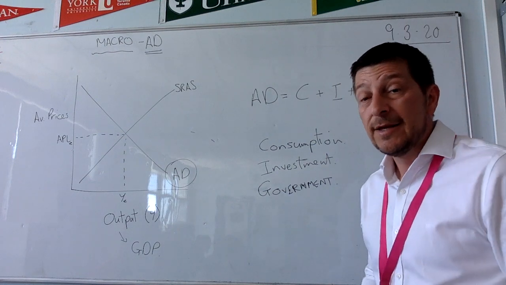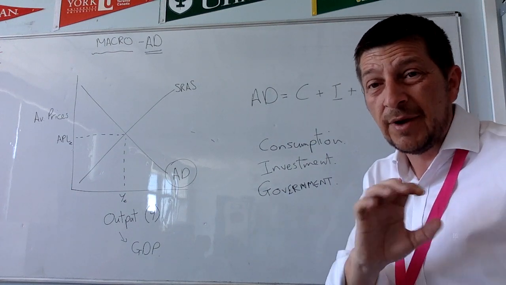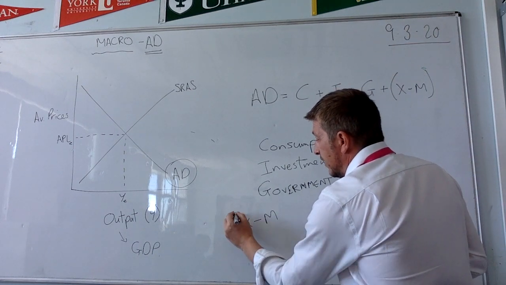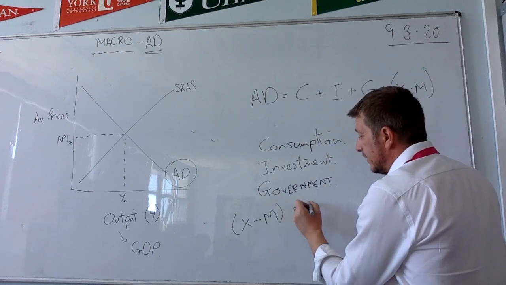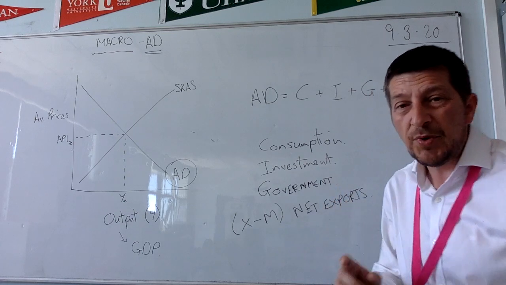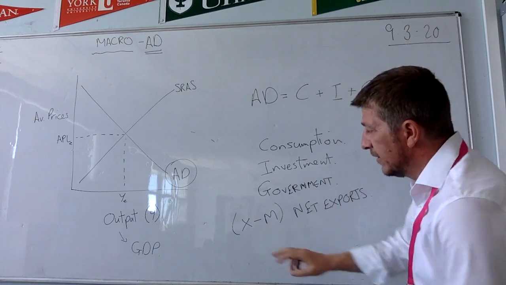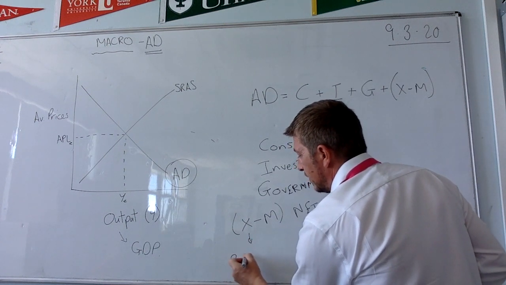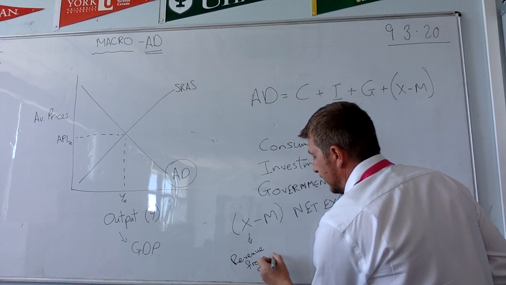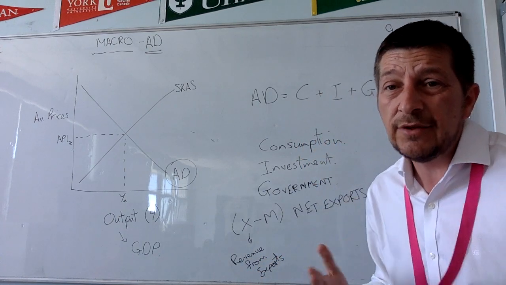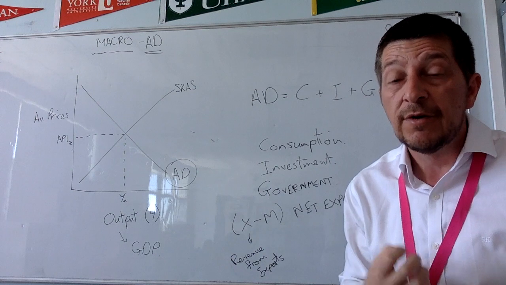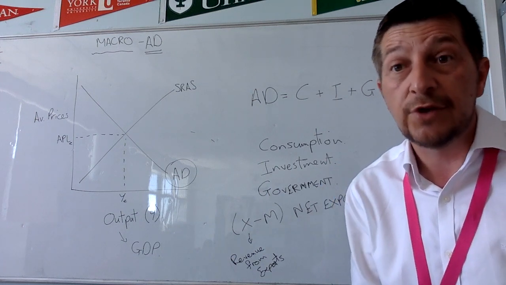And lastly, there's a little bit of calculations to do here, but nothing mathematically difficult. We've got x minus m, what we call net exports. Let's break that down a little bit. So x represents revenue from exports. When a country sells products to a foreign country, another country, they receive revenue for those products or services, right?